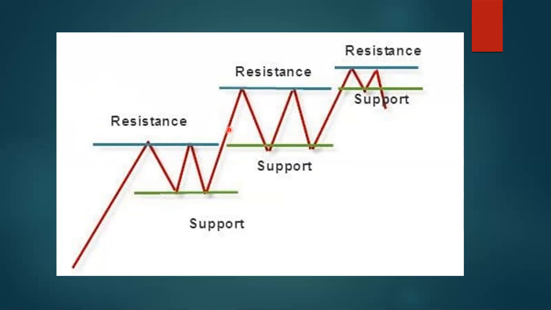As we can see now, price came to our new resistance, bounced to support, bounced back to resistance, back to support, then broke our resistance. Now this resistance becomes support. It's the other way around also for support. When price breaks support, this support becomes resistance, and we will have our new support right here.